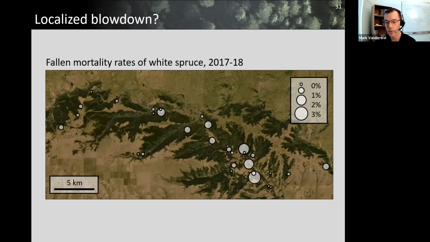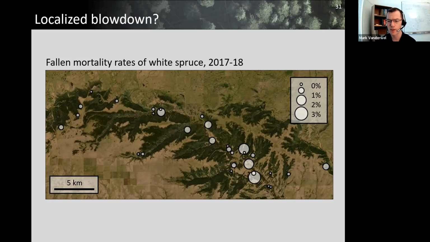We do see that there were 3 sites that had the highest fallen mortality rate, all of which were kind of close to one another, but they were also surrounded by sites that didn't see as much of a fallen mortality rate. And so I'm not sure whether that's sufficient evidence to conclude that there was a storm that could have been responsible for this increase in fallen tree mortality.